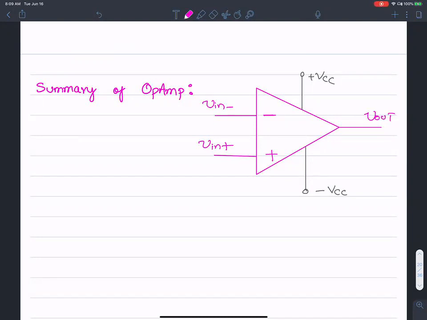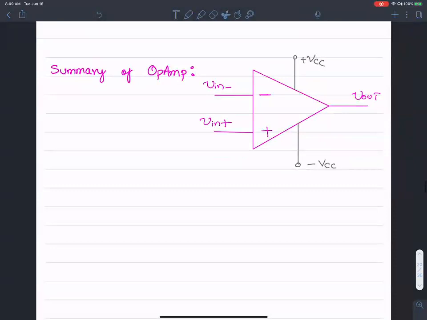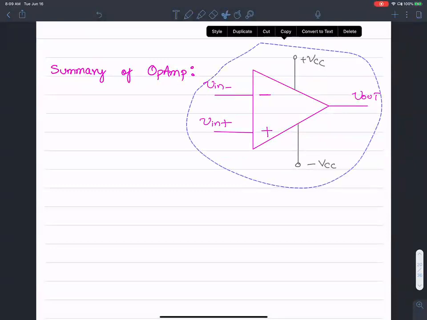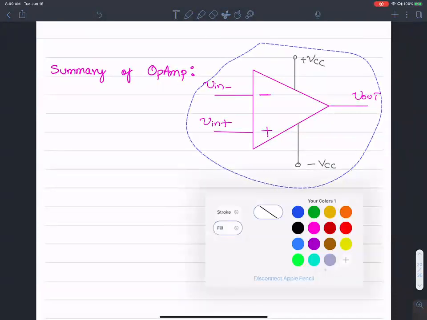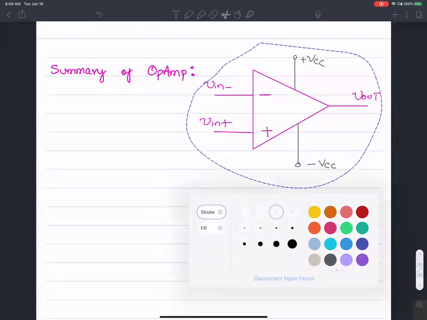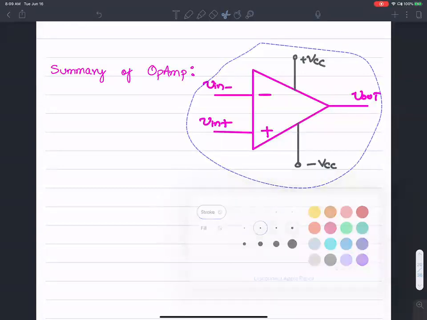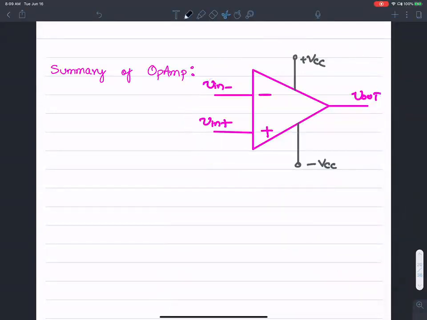These are the big properties that I discussed so far for an op-amp. It's a 3-terminal device.